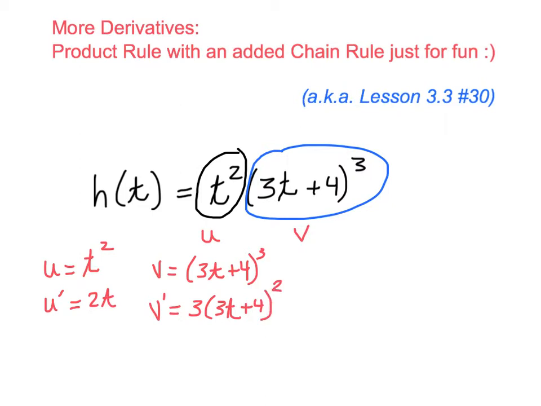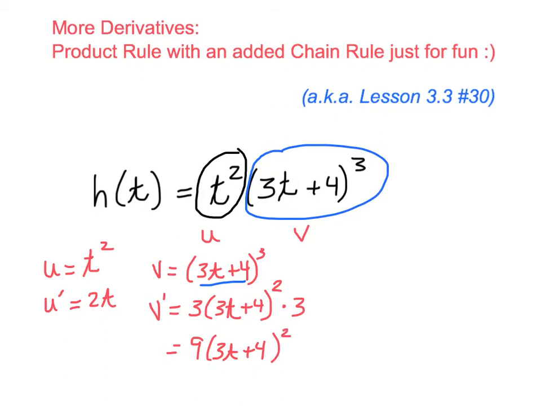That becomes a 2. But then we have to multiply by the derivative of 3t plus 4 because of the chain rule. This is a composition. So the derivative of 3t plus 4 is 3. And I can simplify this to be 9 times 3t plus 4 squared.